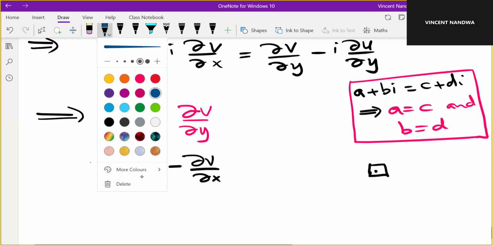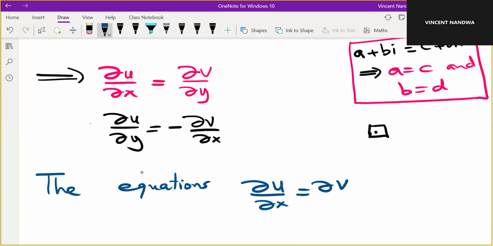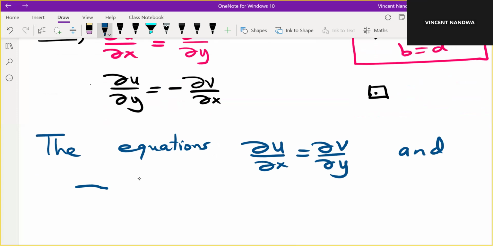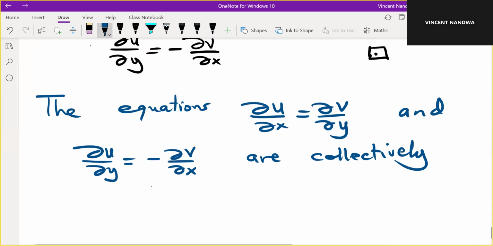So this relationship, the equations partial u partial x equals partial v partial y and partial u partial y equals negative partial v partial x, are collectively called the Cauchy-Riemann equations.